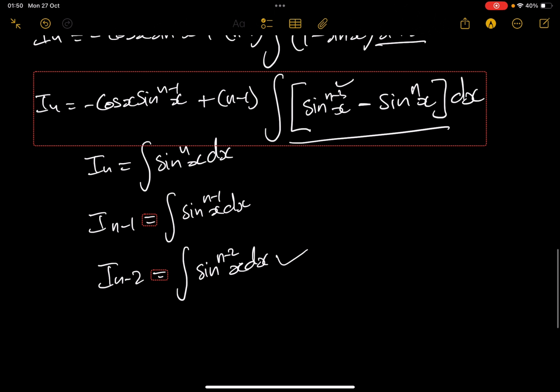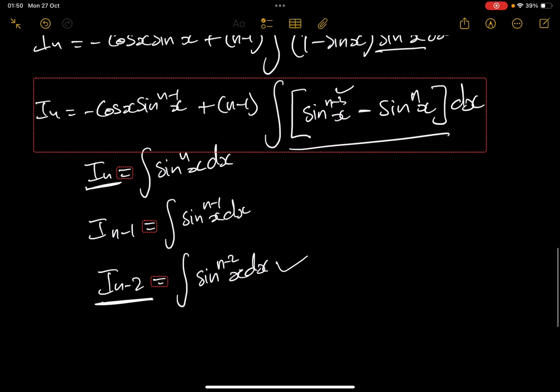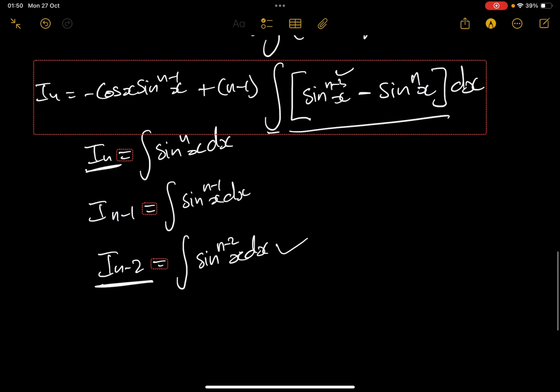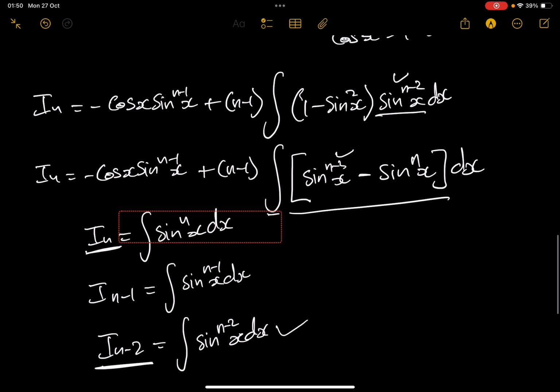Here it's sine n minus 2, which means we're going to substitute this, because this is still an integral that can be evaluated between these two expressions.